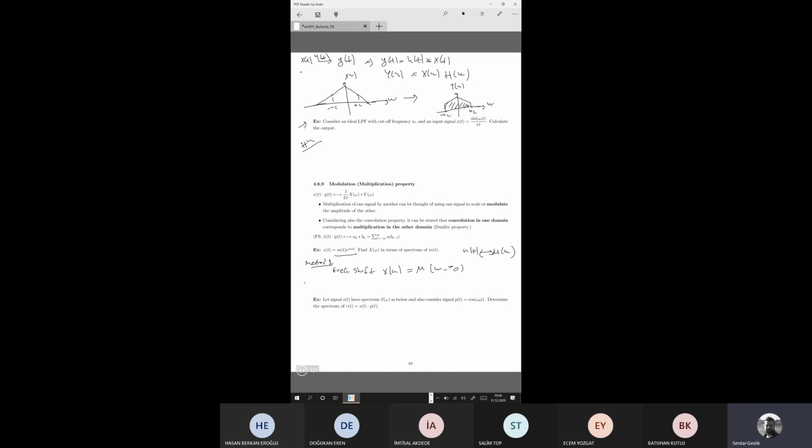Well, with the second method, I will use the modulation property. So X of omega is equal to 1 over 2 pi M of omega convolved with, let's say, H of omega. And here H of omega is nothing but the Fourier transform of e to the power j omega 0 t.